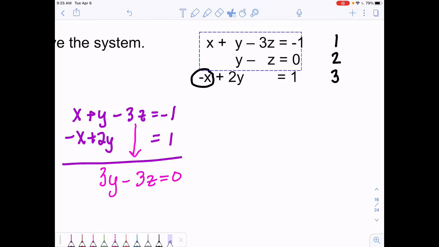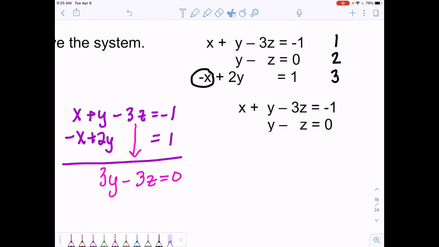So we have these 2 equations. And now our third equation becomes 3y minus 3z equals 0. So the first goal when you're solving this problem, you want to eliminate both x's so that the pair of equations that you have underneath that first equation has just a y and a z.